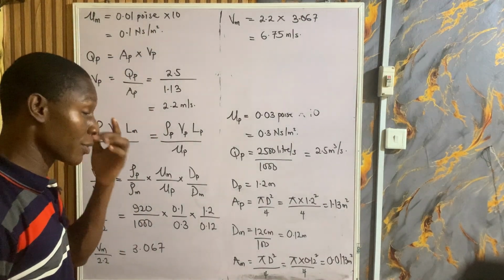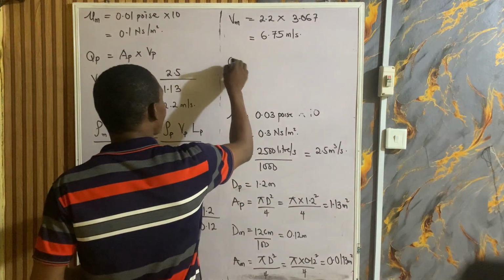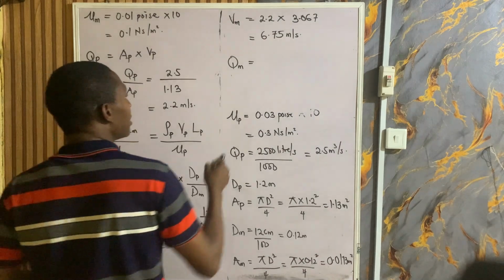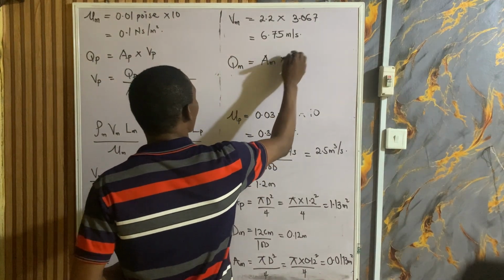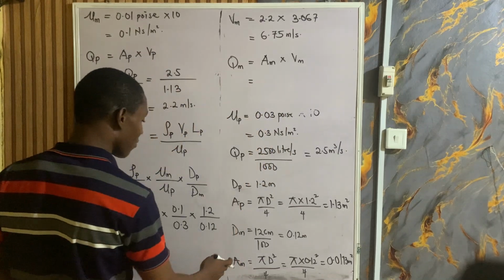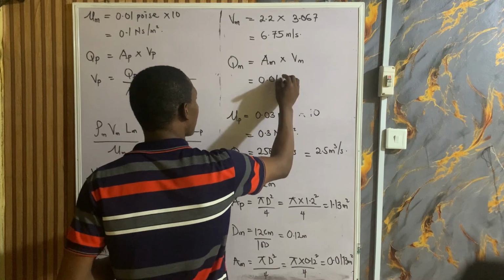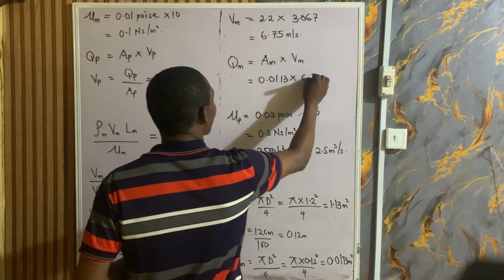If we have the velocity of the model, we can take the second question we asked to solve in this question. That is to say, the rate of flow. The rate of flow simply means discharge of the model. Discharge of the model, which is the rate of flow of the model, is equal to area of the model times velocity of the model. So what's the area of the model? We've done that already. That's why we solved for the area already. 0.0113 multiplied by the velocity of the model, we've gotten that, 6.75.